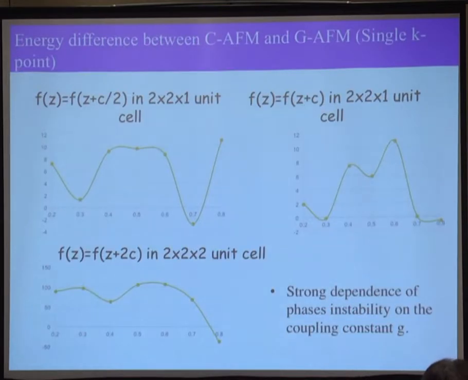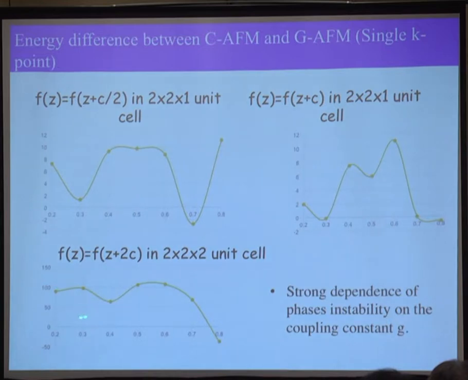So that gives you the idea that if you look at different unit cell sizes and the energy difference, you see a very strong G dependence of the relative energy difference between these two phases. Essentially, we got that when you increase the unit cell size, you can see that there's a stable region for the larger G to get the C type FM, which means you will go to the two-dimensional Skyrmion, while on the relatively small G side, this area is more or less in the condition of the magnetic germanium.